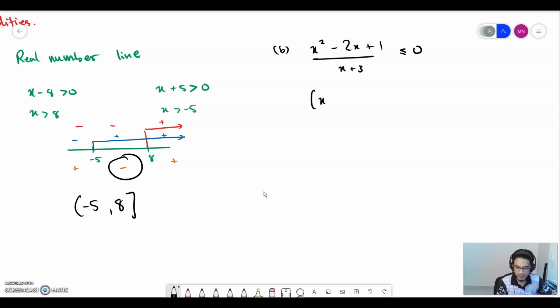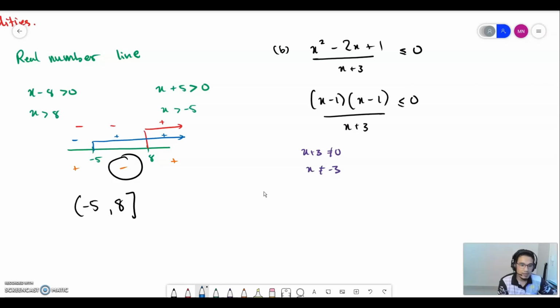When we factorize, we have (x - 1)(x - 1)/(x + 3) less than or equal to 0. The x + 3 cannot be equal to 0, so x cannot be equal to -3.